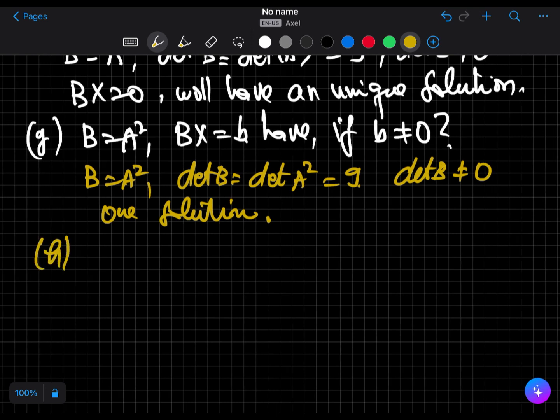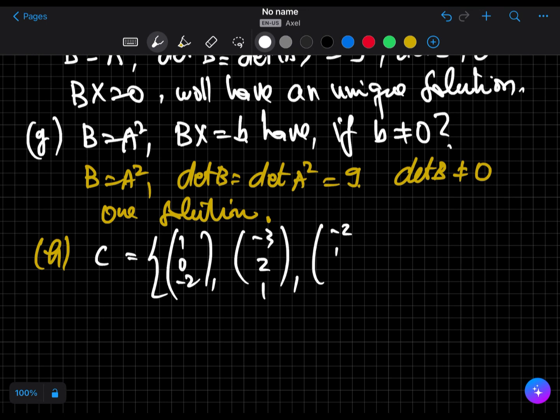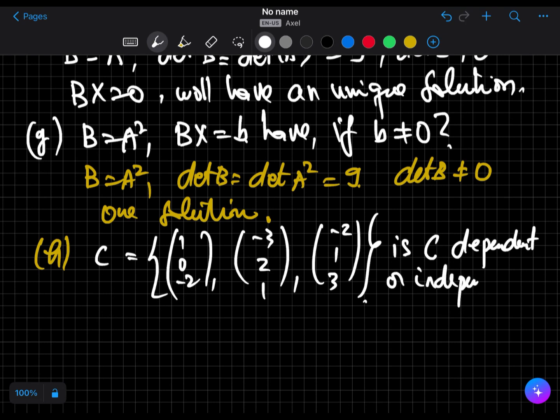Now at H, you are given that C equals to 1, 0, minus 2; minus 3, 2, 1; minus 2, 1, 3, right? And you are asked the question, is C dependent or independent?